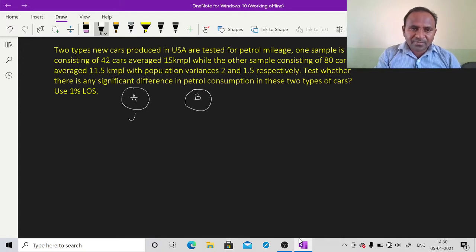Suppose mu1 is the average mileage of the type A cars and mu2 is the average mileage of the type B cars, and we are interested in testing whether there is any significant difference between these two average mileages, or whether both are the same. That is what we have to check for.